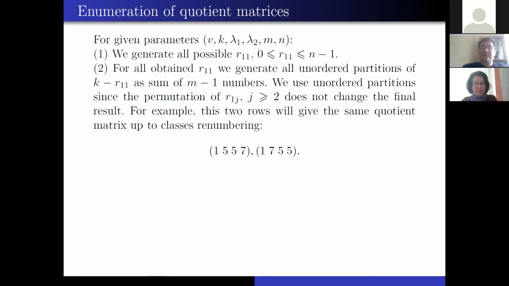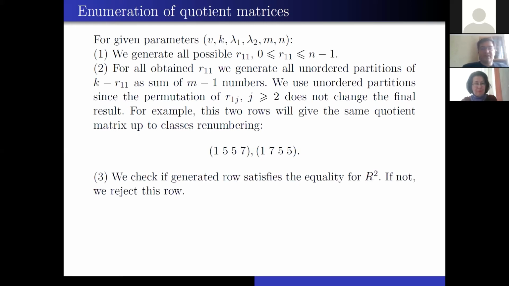We use unordered partitions since the permutation of R1j for j more or equal to 2 does not change the final result. For example, these two rows, 1, 5, 5, 7 and 1, 7, 5, 5 give us the same quotient matrix up to class renumbering. We can swap class 4 with class 2, so they are equal, and we can consider only one option.